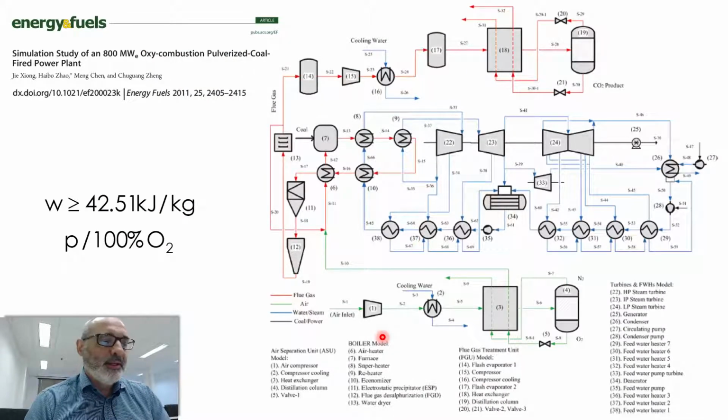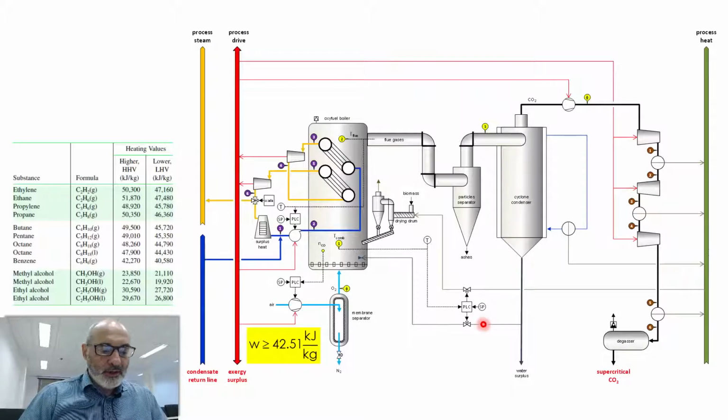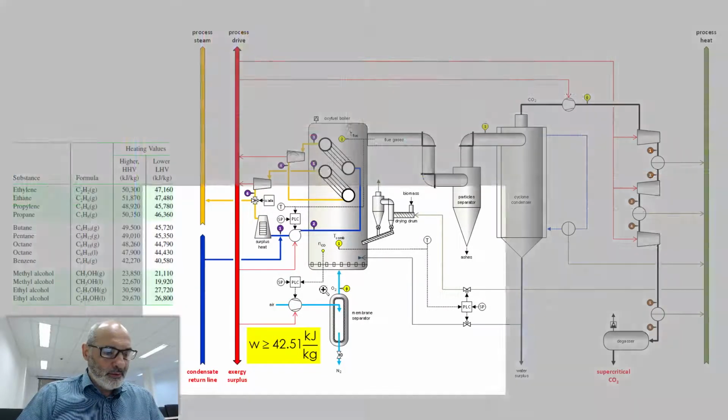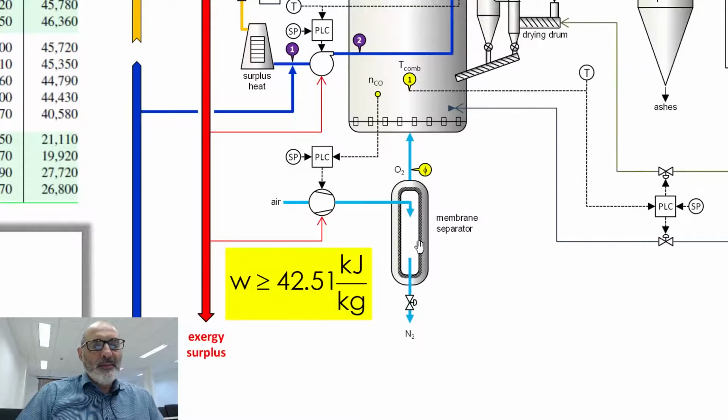This other example is an actual oxy-fuel combustion process, but not biomass, pulverized coal, to generate electricity. It's almost 1 gigawatt. That's the reference paper, if you are interested. Let me go back 2 slides, because my sketch there actually depicts a membrane separation process.